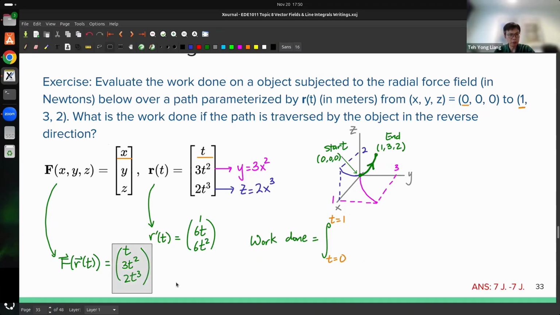So plug in, you get this. Let me just write the thing first. This will be f of r of t dot r prime t dt. So we have the integral from 0 to 1, and then you just plug in this thing. Take the dot product.